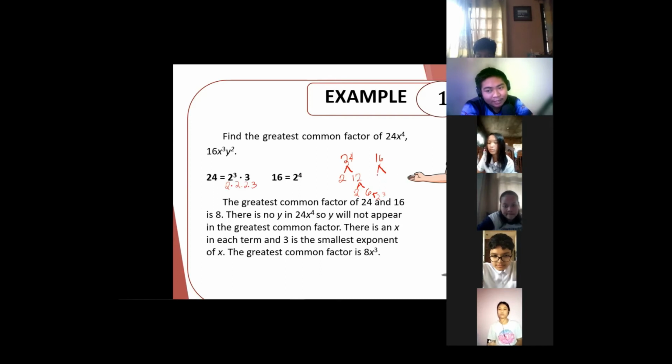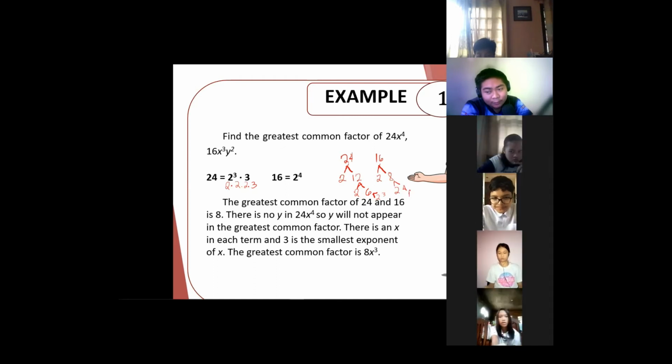For 16 naman, you can divide it by 2. That would be 8. 8 can be divided by 2, that would be 4. Tama? And 4 can be divided by 2 times 2. So these are the factors.